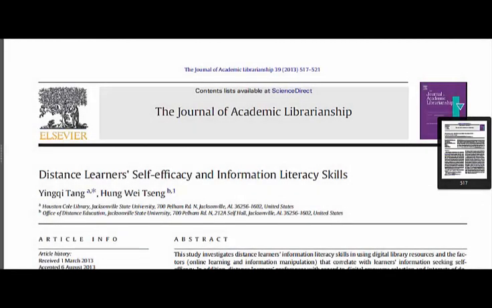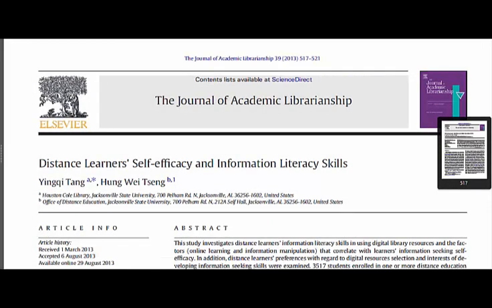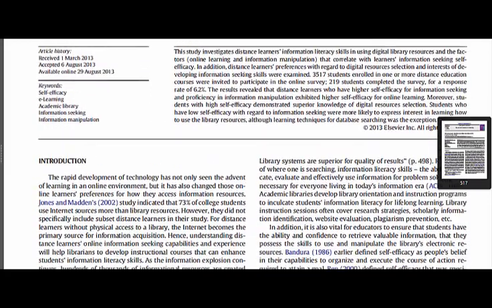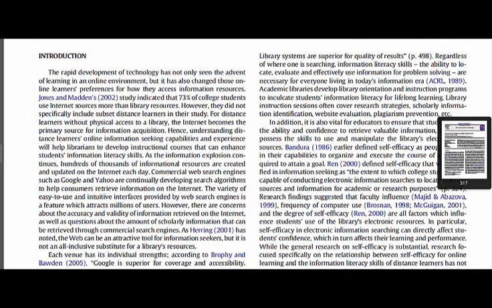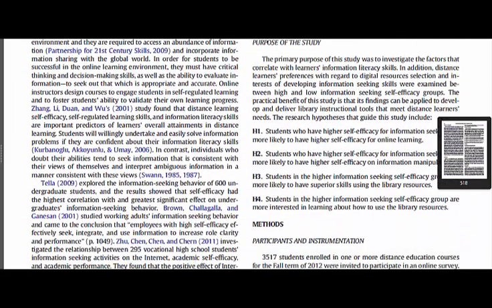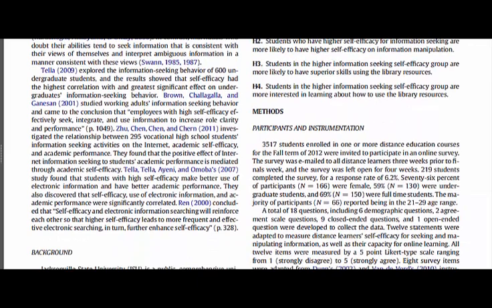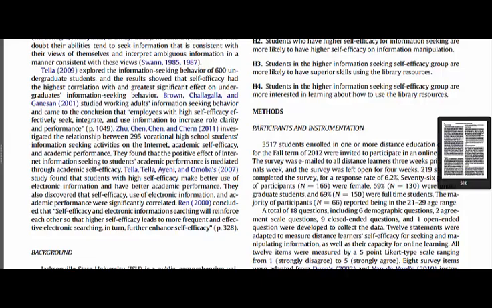The fifth criterion we're applying is objectivity. Objectivity refers to information sources which are fair, covering all viewpoints. This article not only reports on research findings, but includes the instrument and the tools used in the research process. This contributes to the objectivity of the article.